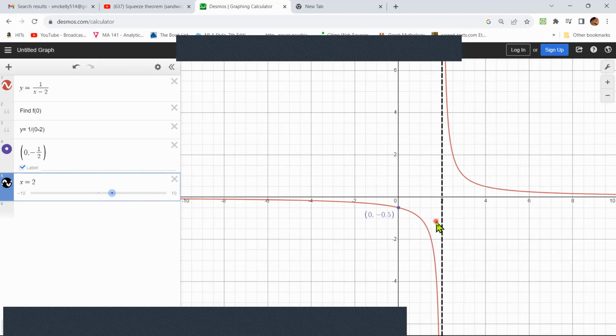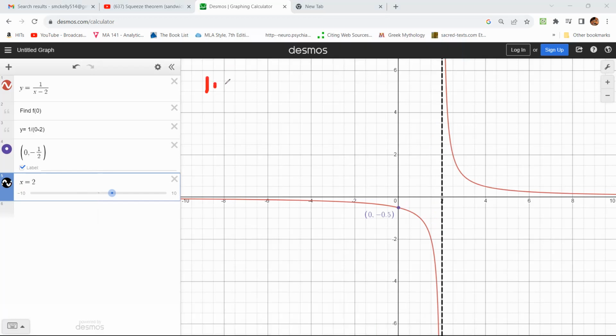So if I asked you this question, what is the limit as x approaches 2 of 1 over x minus 2, what would you say?